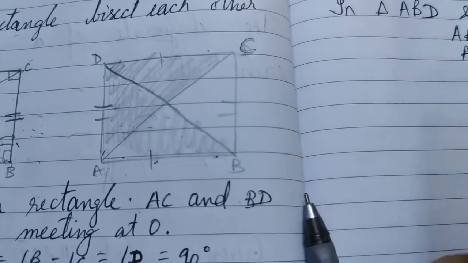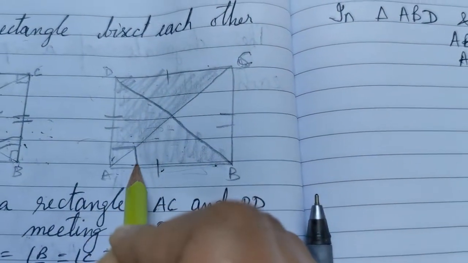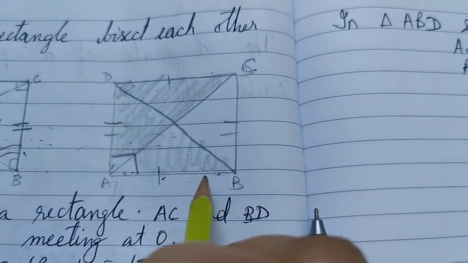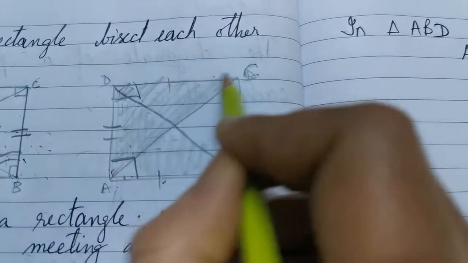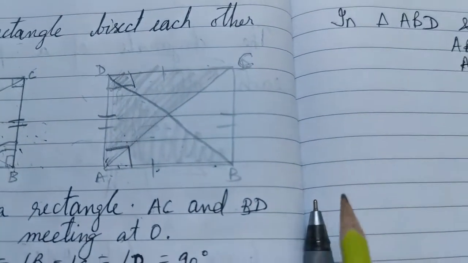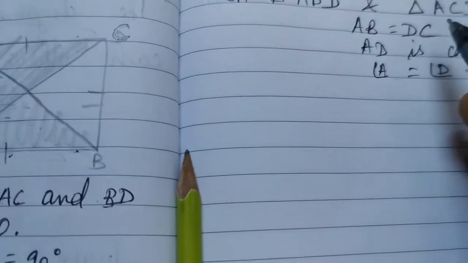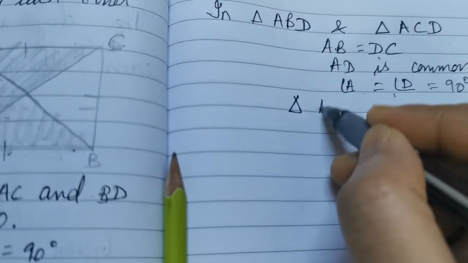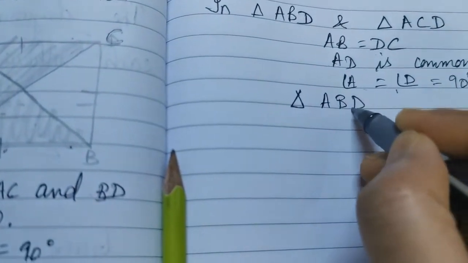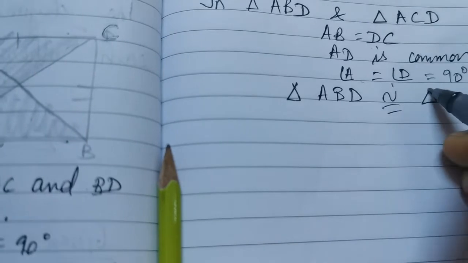So I have angle A in triangle ABD and angle D in triangle ACD. Both are 90 degrees. So three properties, two sides and one angle, are the same. Therefore triangle ABD is congruent to triangle ACD.